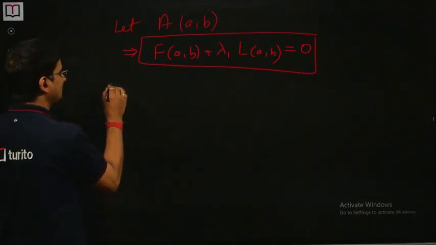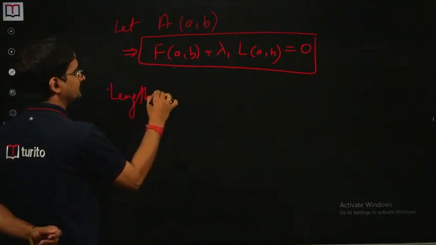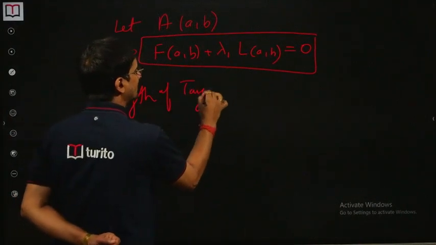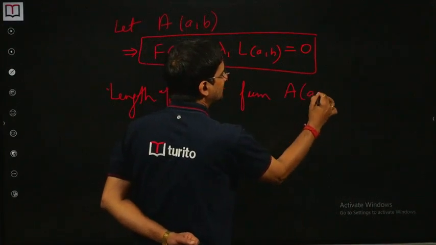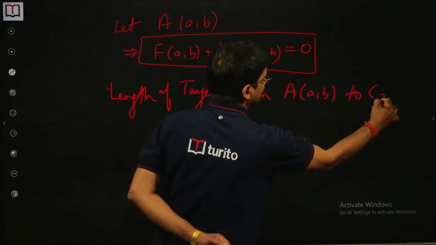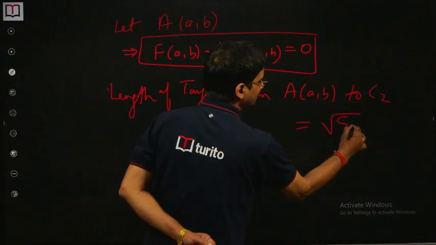Now the length of tangent from point A comma B to C2 is given by under root of S1. Remember that, bachcho?